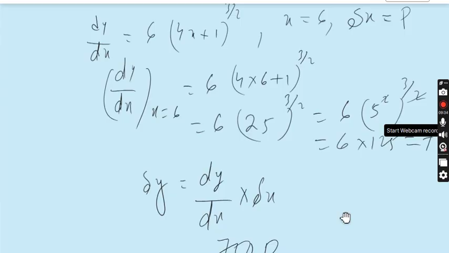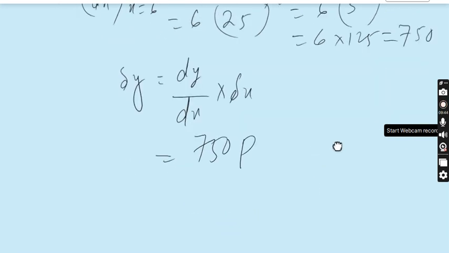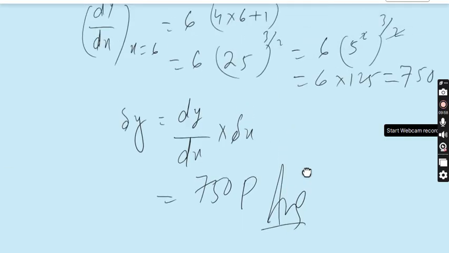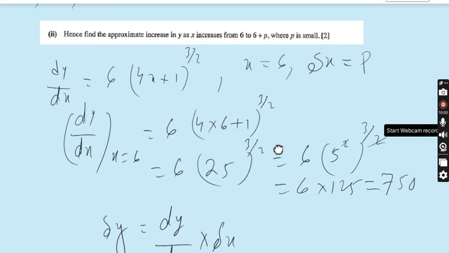No. 25 times 4 is 100, 6 times 4 is 24, plus 125 to the power 3 upon 2. 5 square, square cancel by square, 125, 125. No mistake. So I was just checking. So this is our final answer, 750p. I hope you understand completely.